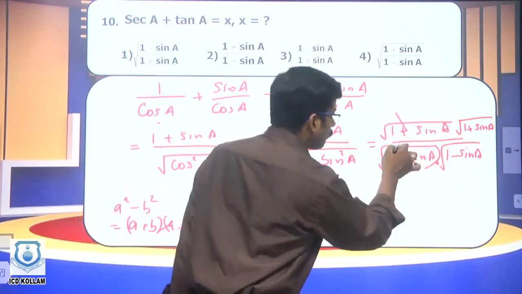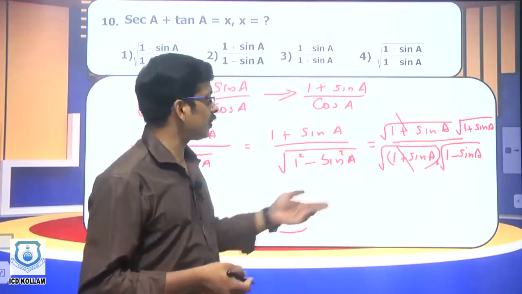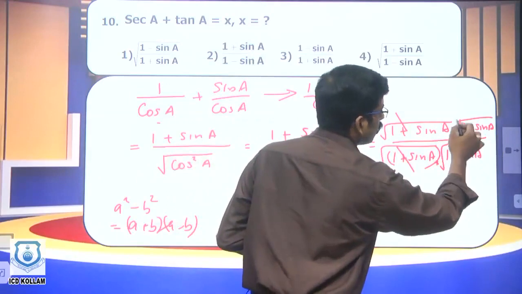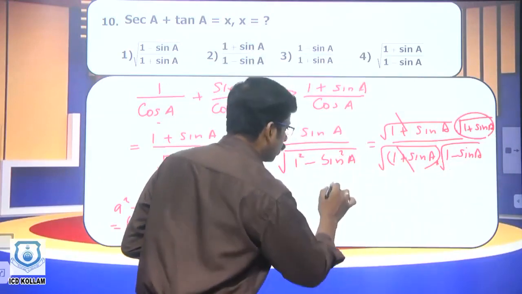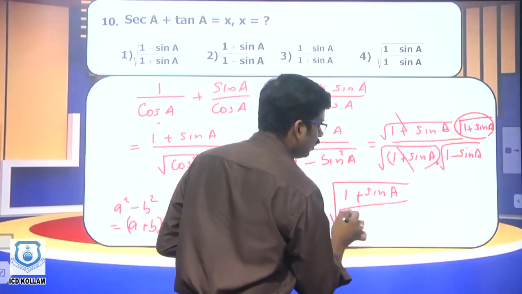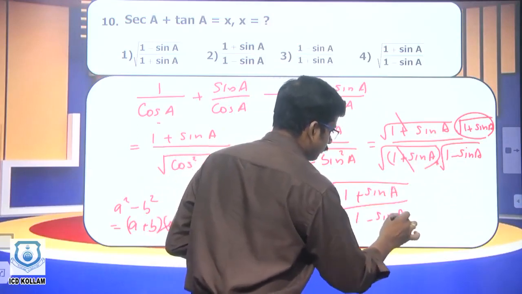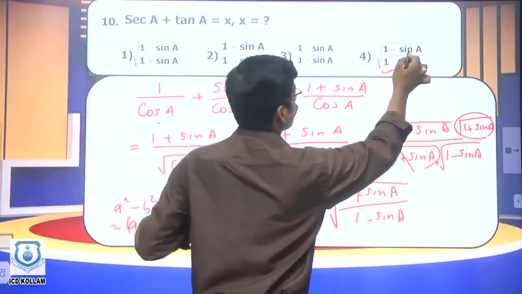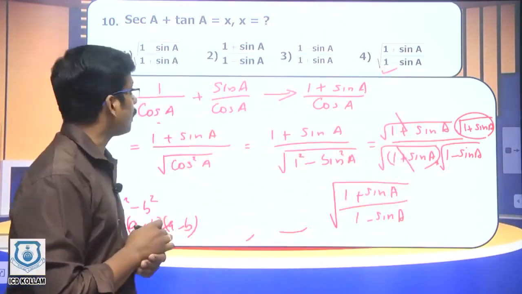Now one factor of 1 plus sin a cancels, and this results in square root of 1 plus sin a by 1 minus sin a. So our answer is square root of 1 plus sin a by 1 minus sin a.